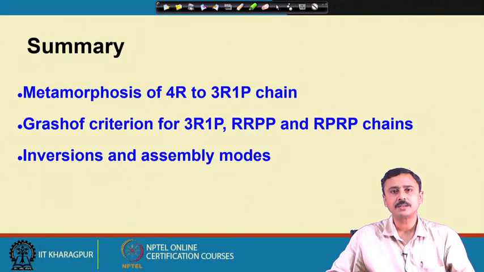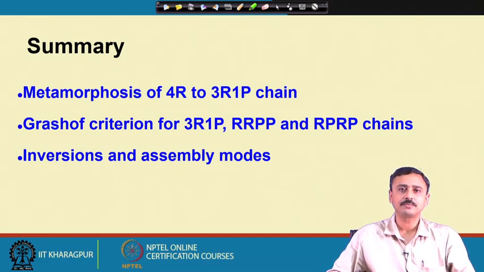Let me summarize. We have looked at the metamorphosis of a 4R chain to a 3R 1P chain and derived the Grashof criterion for the 3R 1P chain. Then we have looked at the RRPP and RPRP chains. The RRPP chain is always Grashof, whereas the RPRP chain is always non-Grashof.